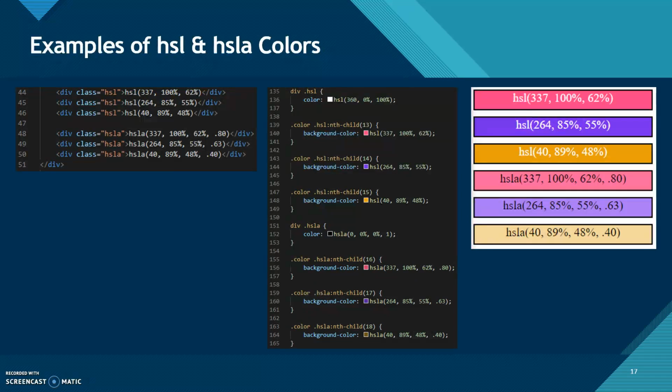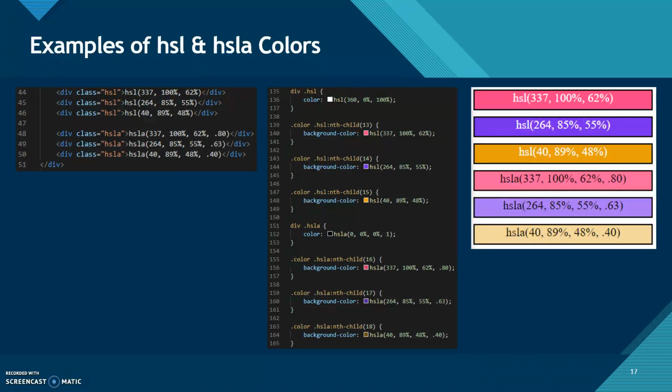So it goes from 0 to 360, and that will pick your hue. Your saturation is how much of the hue, kind of how focused it is, how intense it is. And then your lightness is how much white there is in it, or how light it is.